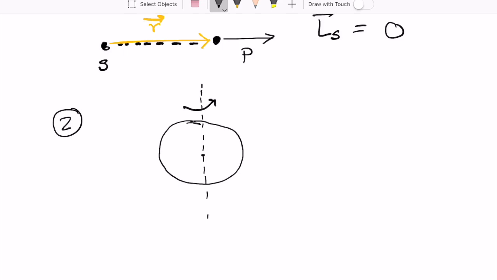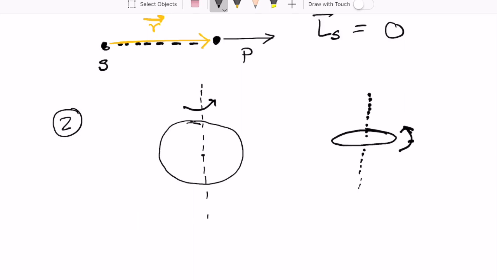So that's an example of an extended object that's rotating about a symmetry axis. Another example would be, let's say you've got this disk plate and it's rotating about an axis which passes through the center of the disk. It's rotating like this maybe. So that's also another example of an extended object that's rotating about an axis of symmetry.